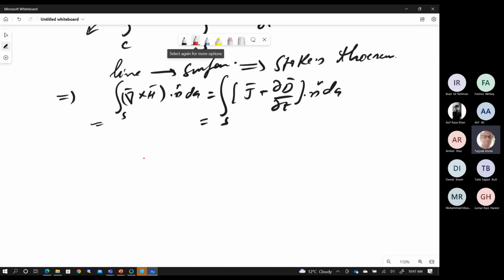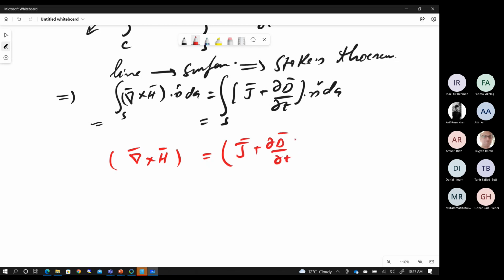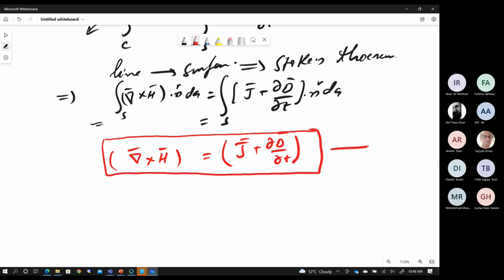We can write this equation in the form, and I call this equation number 8.